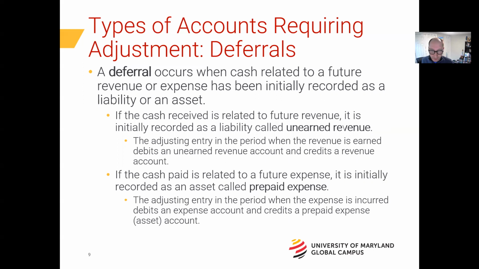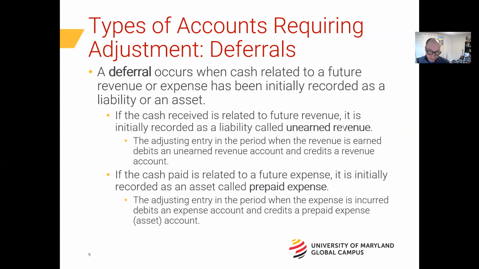And for this transaction, for unearned revenue, we debit cash and credit unearned revenue. Then when we earn the revenue, we debit unearned revenue and credit revenue. That's the adjusting entry.